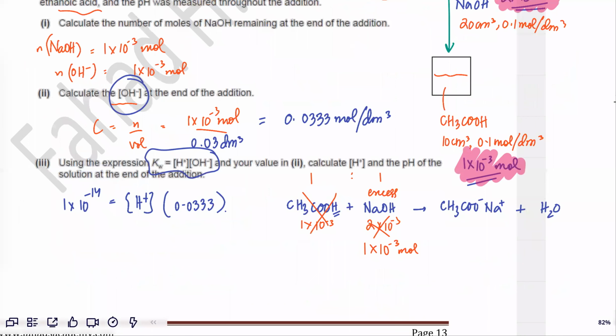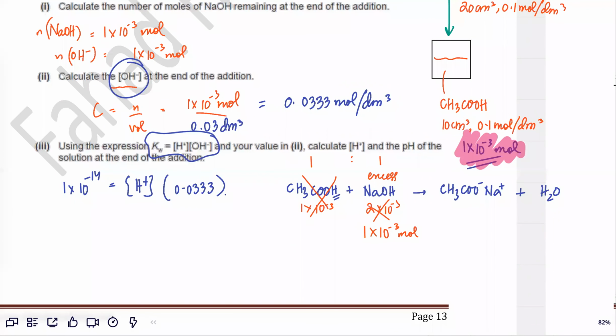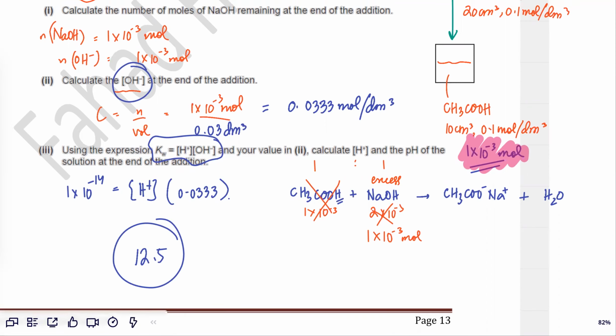So you're getting 12.5 for this. Okay. Is this clear? Yes, sir.